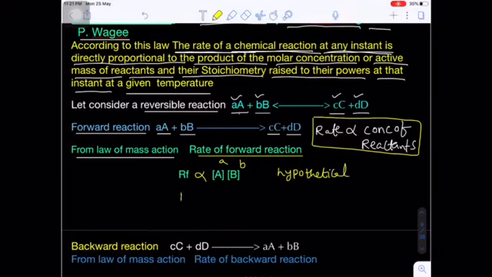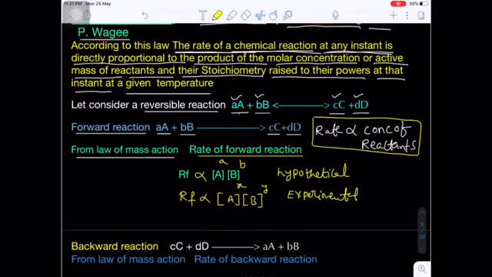Now actually the rate of a forward reaction is directly proportional to the product of the concentration of the active mass of A and B raised to their powers, let's suppose some x, y. Okay, this is experimental.